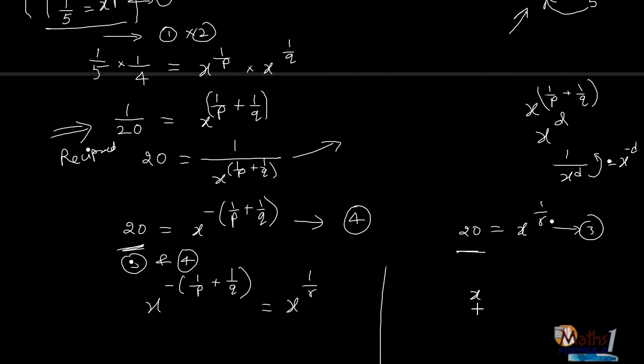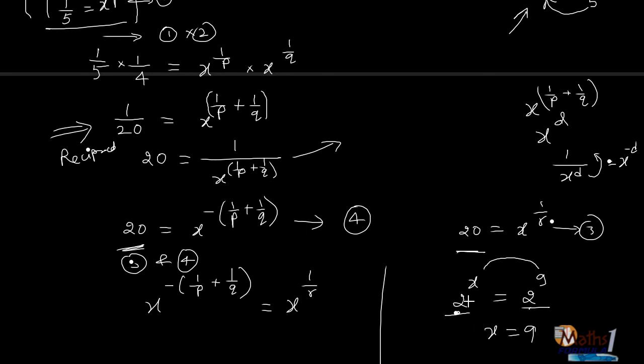2 to the power x equals 2 to the power 9. If both sides have only a single term and the base is the same, I can equate powers: x equals 9, and find any other values. But this is the one condition you need to remember.